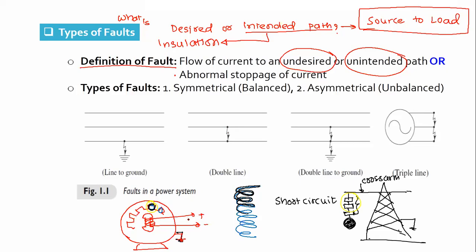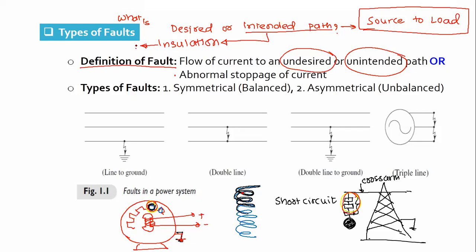Okay, now what will happen when this insulation fails? When this insulation fails, punctures or anything, it may happen because of overheating or sometimes stresses due to overvoltages. Okay, aging effect, there are many reasons, defective design of the insulator string itself. So there are so many reasons due to which the insulation may fail.